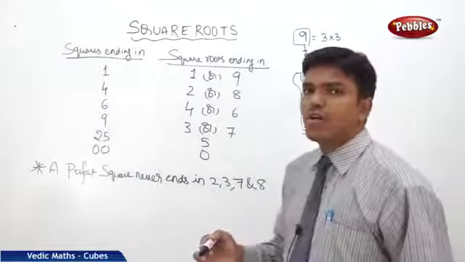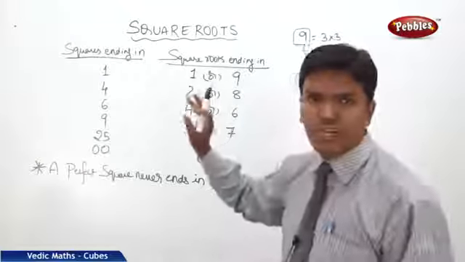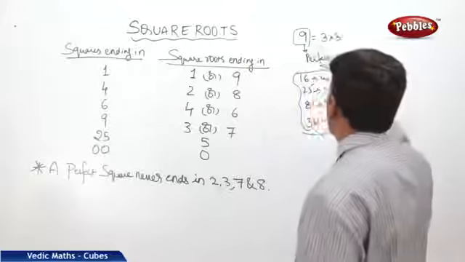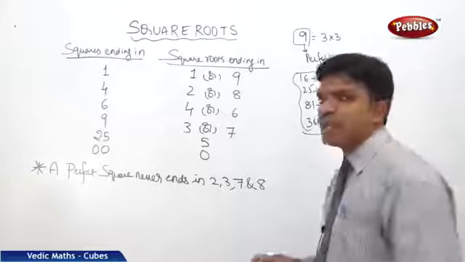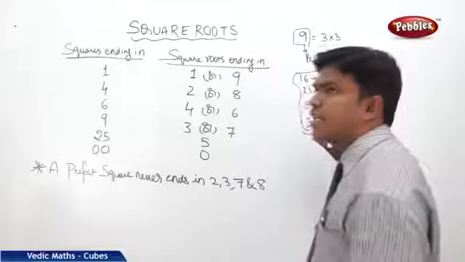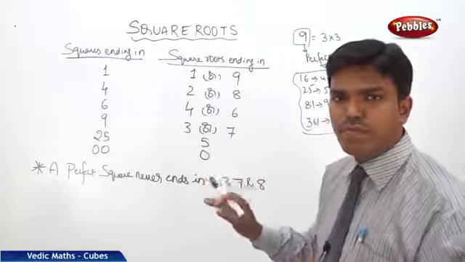Then what are imperfect squares? Apart from the perfect squares, all the remaining numbers are imperfect squares. For example, if I say the value 24, is 24 a perfect square or not? Can 24 be written as a product of two same numbers?